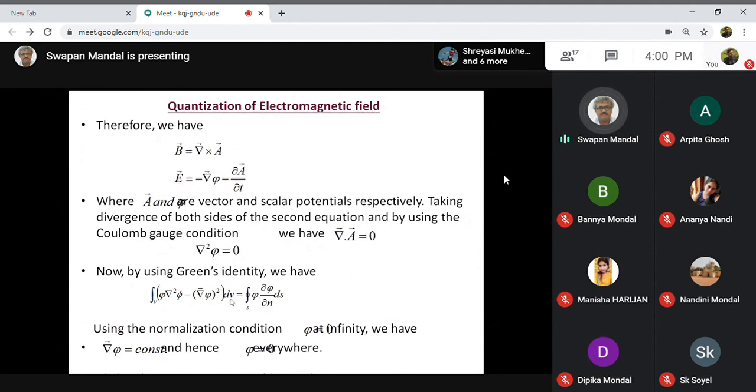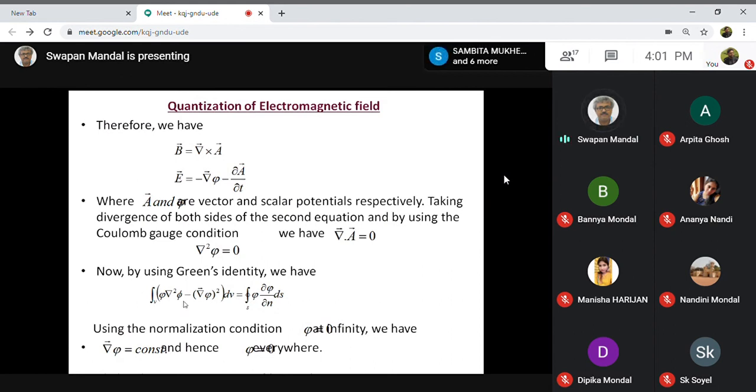Grad phi equal to constant everywhere. However, grad phi itself vanishes at infinity. So grad phi equal to 0 at infinity. So if you extend the logic, grad phi equal to 0 everywhere, because it is constant everywhere and 0 at infinity. So grad phi equal to 0 everywhere.